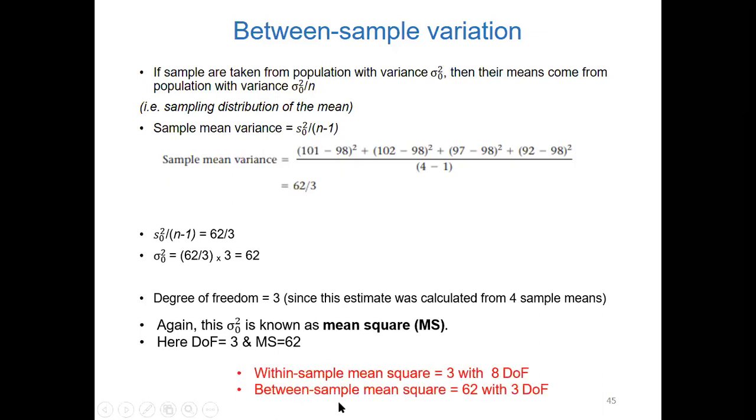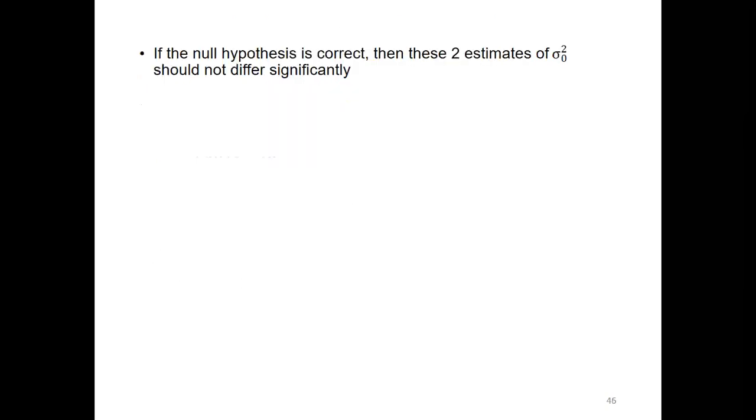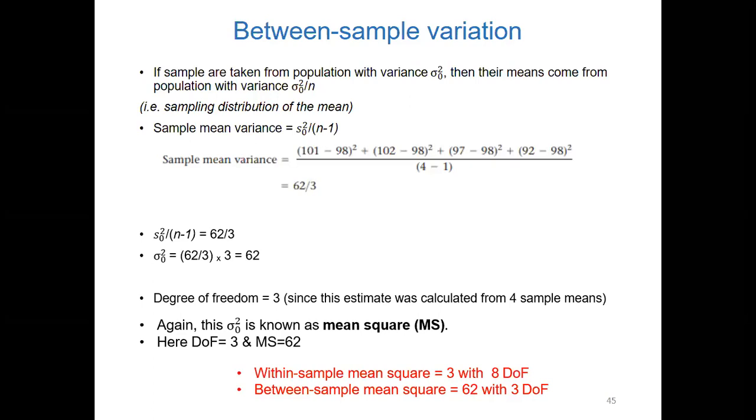And if we summarize the values we got, within sample mean square or within sample variance, we got 3 with 8 degrees of freedom, and between sample mean square, we got 62 with 3 degrees of freedom. Now, we are going to test whether there's a big difference between these sigma values.